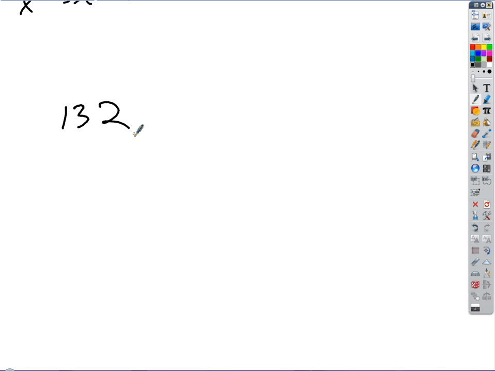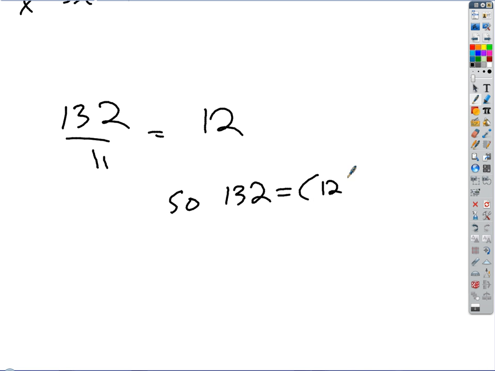Find the other one. What would you do? Divide it by 11, wouldn't you? Wouldn't you divide this by 11 to get what answer? 12. Right? So 132 would just equal 12 times 11.